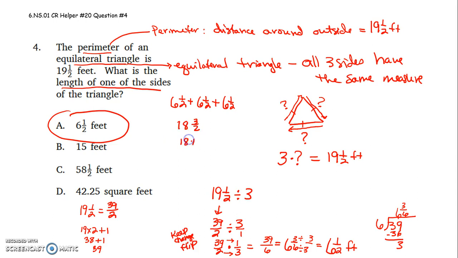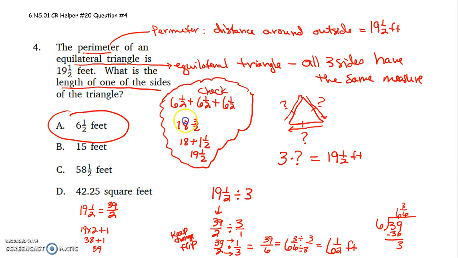So that's 18 plus 3 halves, which is 1 and 1 half. 18 plus 1.5 is 19.5. So this right here would just be my check. That's just to show you that if we add up 6.5, 6.5, 6.5, we'd come up with 19.5.